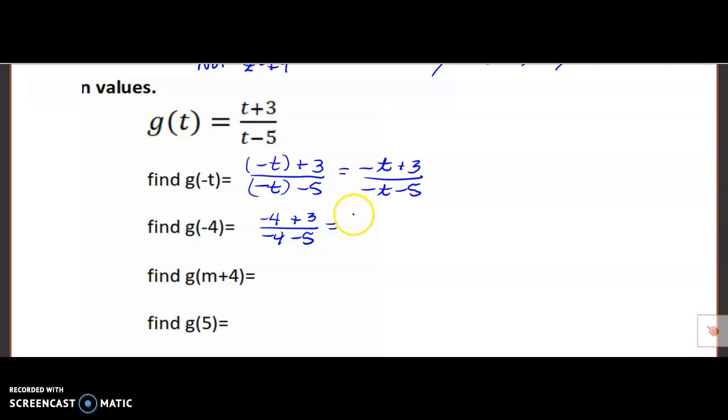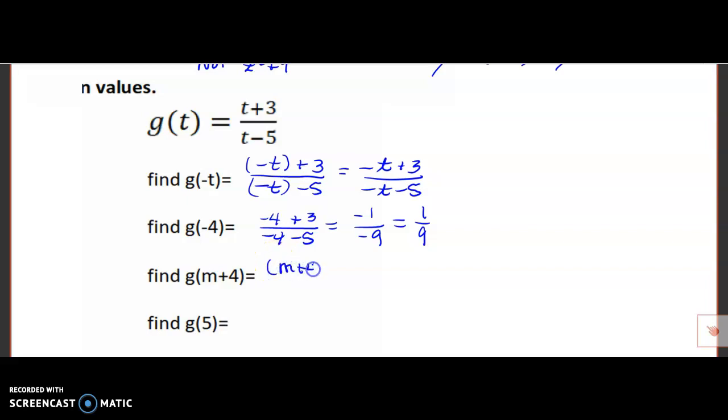Combining those terms at the top, I get a negative 1. The bottom, a negative 9. Negative over negative is positive. Positive 1/9.